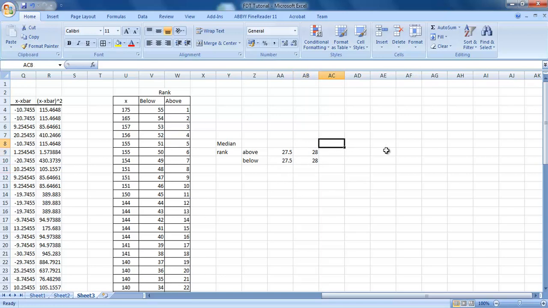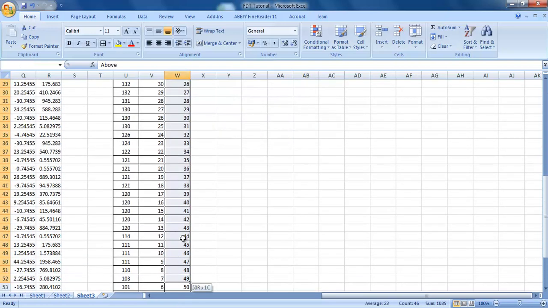So the actual median, let us type here, actual median. The actual median from above is the 28th value.